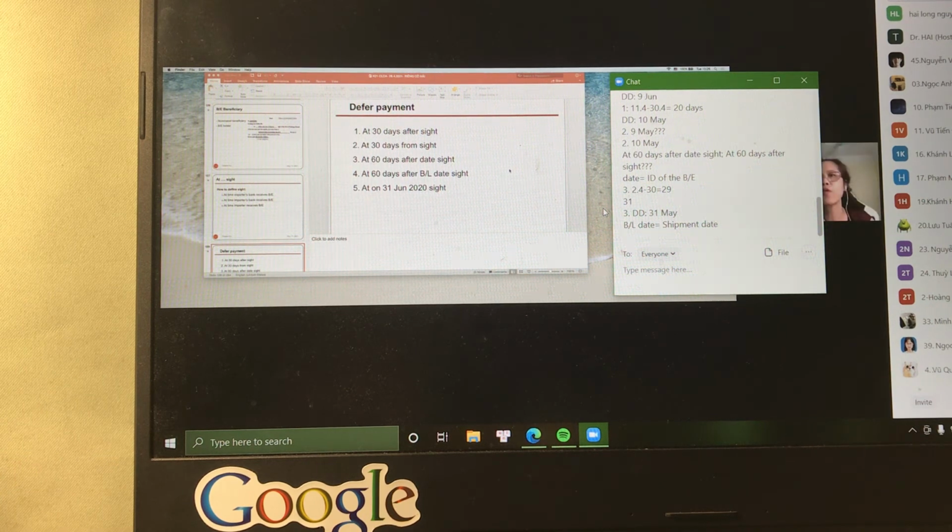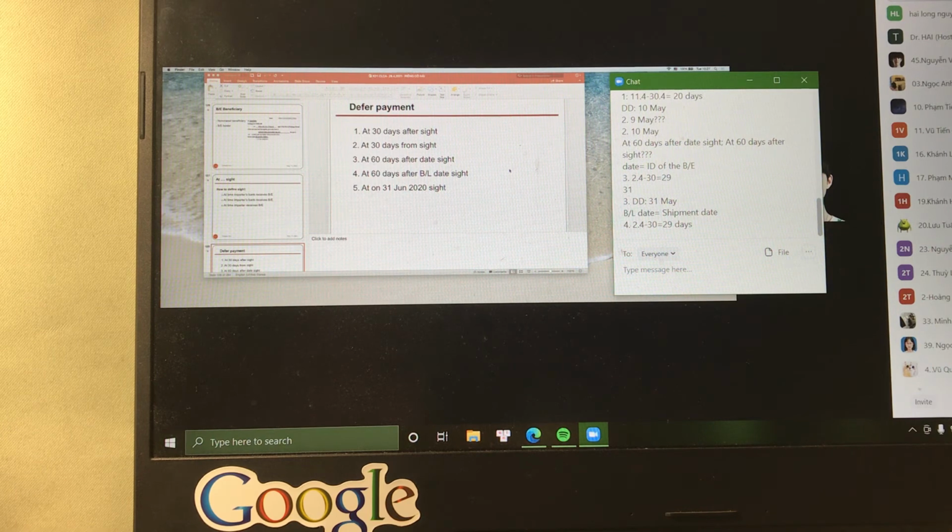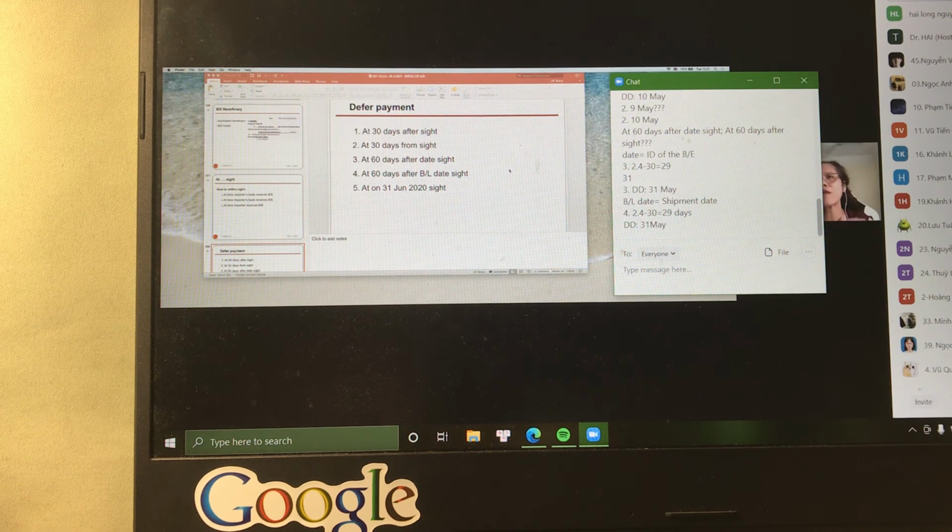So we need 30 days more. That's why the due date falls on the 31st of May. It means the same result as case number 3, right?